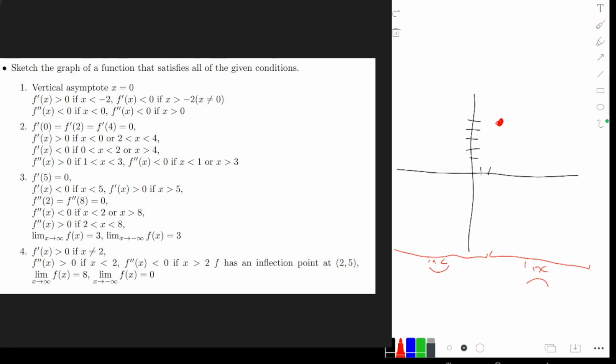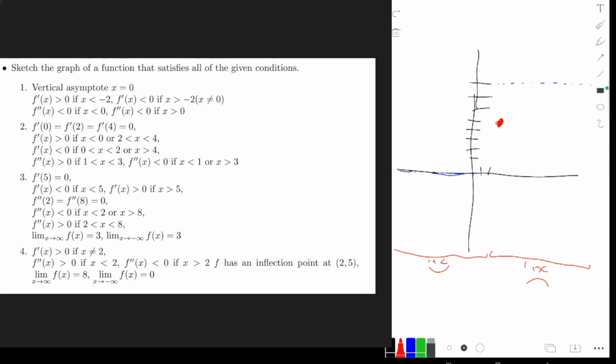It has also 2 horizontal asymptotes. As x goes towards negative infinity, it looks to be approaching a height of 0. Whereas as x approaches positive infinity, it seems to be approaching a height of 8. Okay? And it's increasing all throughout, but it changes concavity at 2, specifically at (2, 5).